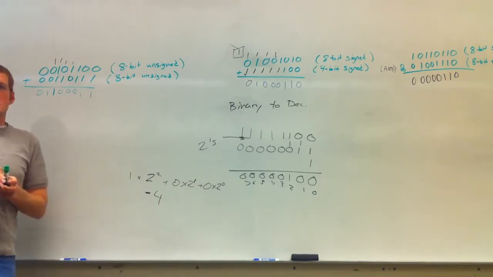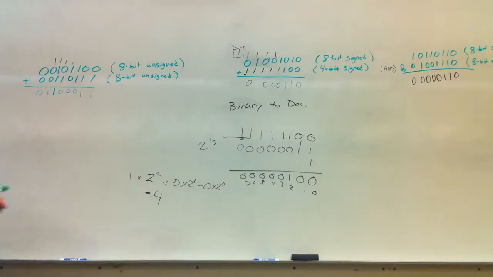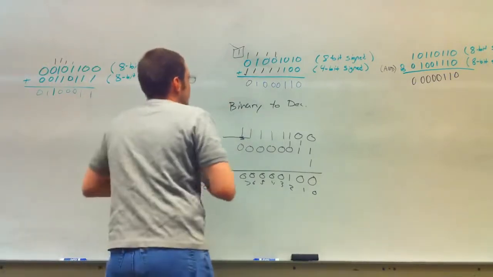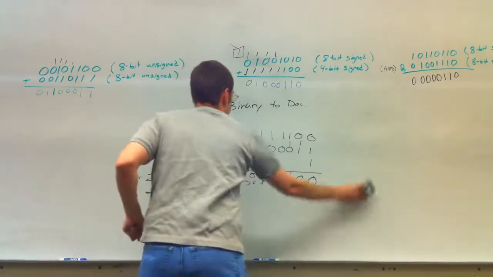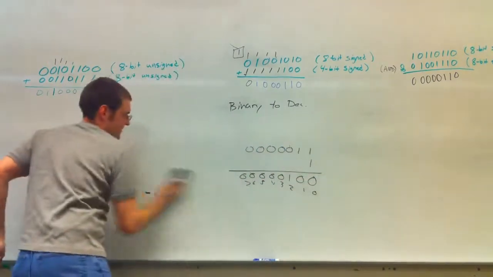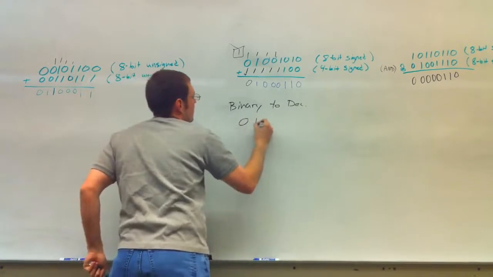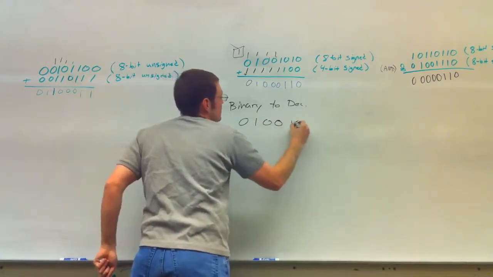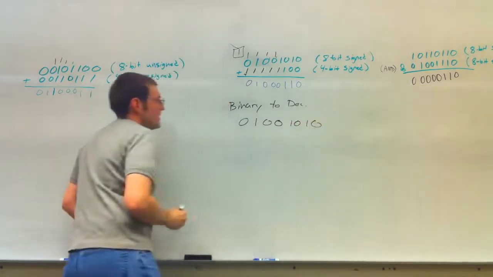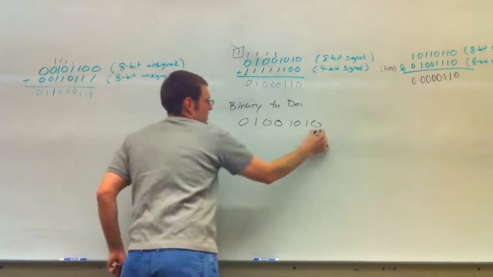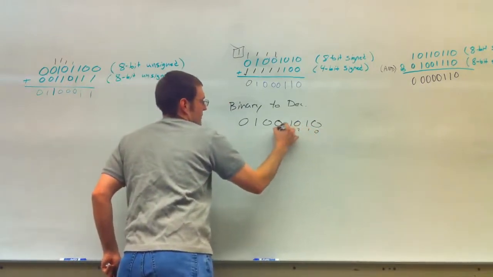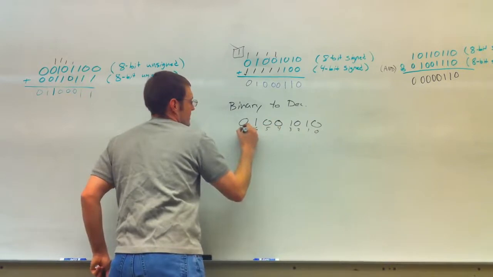Is that top number 74? This one here? Yeah. Okay, so we do that one. So we are going to convert the top one. So 0, 1, 0, 0, 1, 0, 1, 0. So we got positions 0, 1, 3, 4, 5, 6, 7.